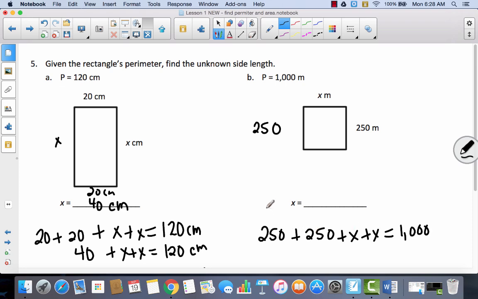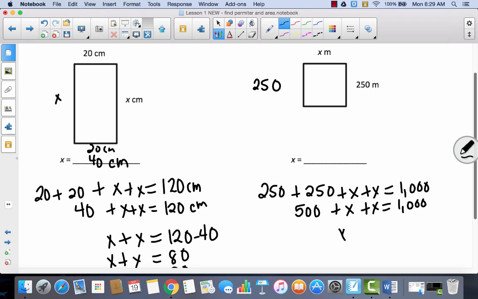So that means 250 plus 250, do you know what 250 plus 250 is? Well, I have 2 hundreds, 5 tens, plus 2 hundreds, 5 tens. That gives me 4 hundreds, 10 tens, which is equal to 500. So I have 500 plus x is equal to 1,000.